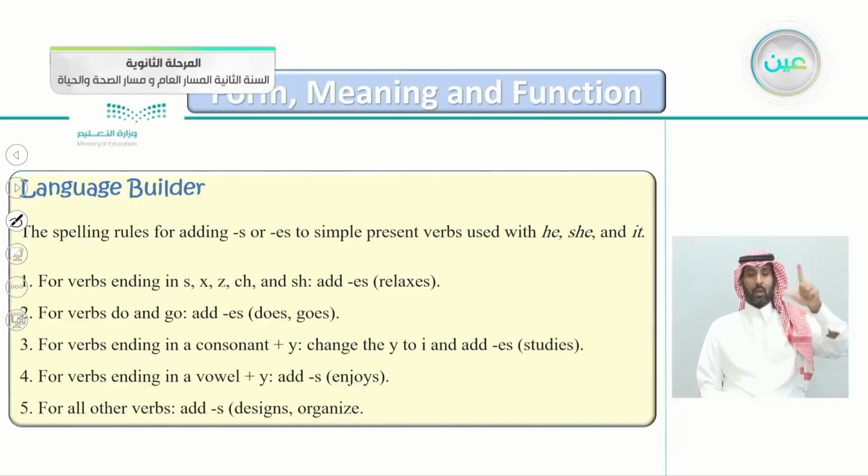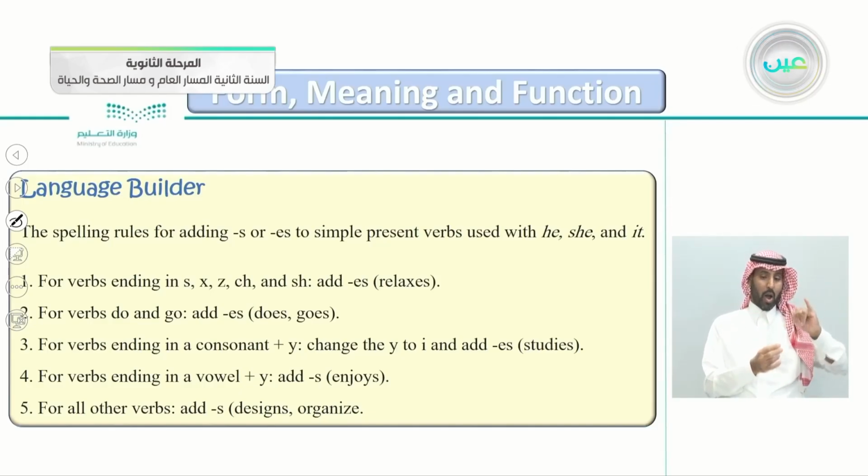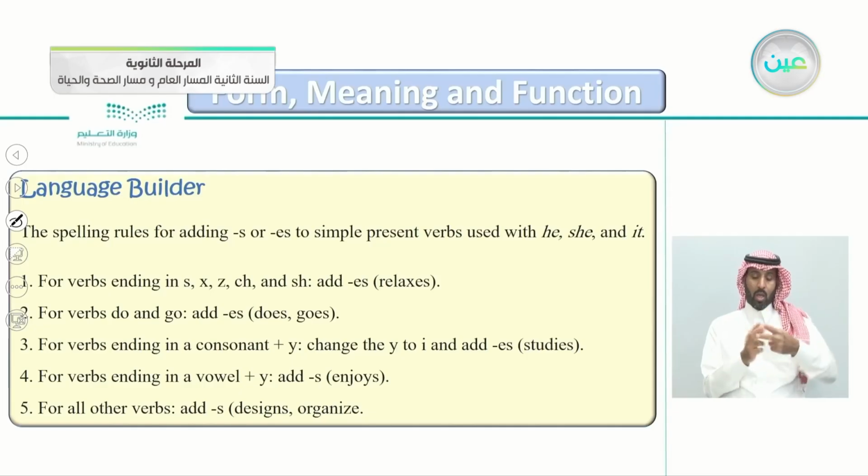Number two, for verbs do and go, we add es. Of course, we know does and goes. Number three, for verbs ending in a consonant plus y, change the y into i and add es, like study becomes studies.